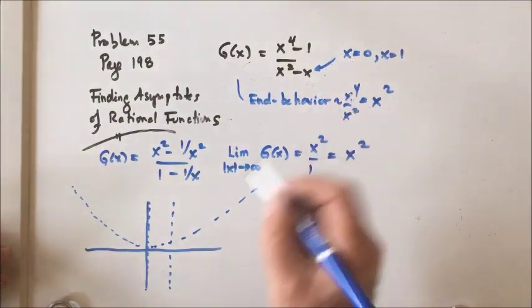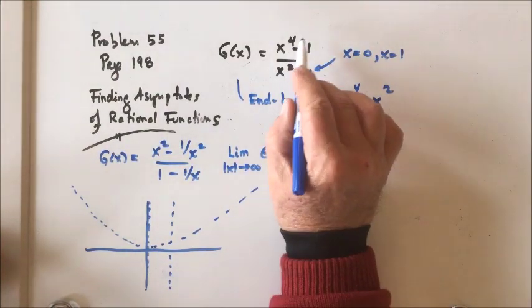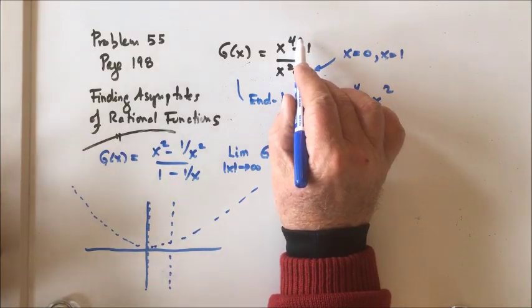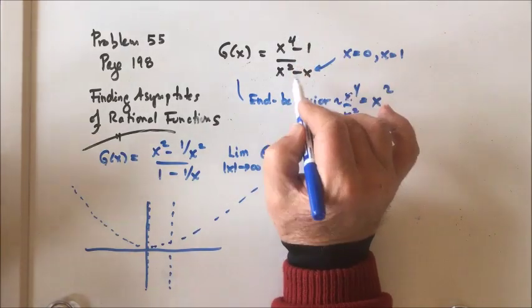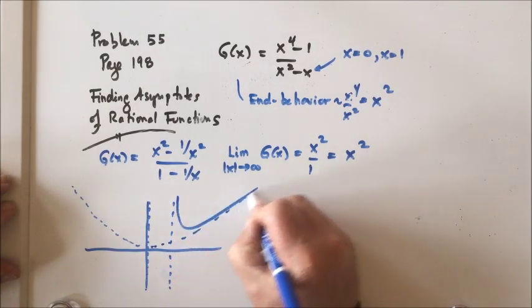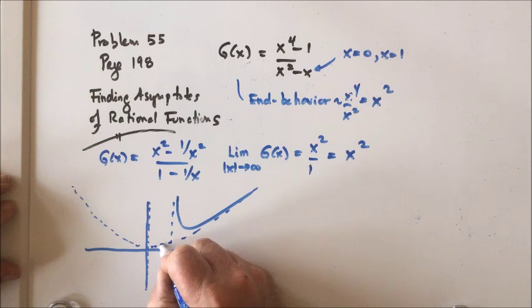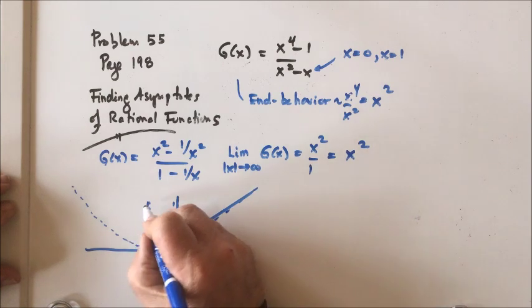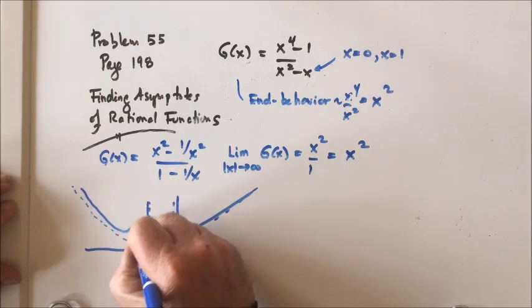We can note that if x is equal to 2, this is 2, 4, 8, 16, 16 minus 1. It's positive, so this function is going to do something like this. It's going to come up below here, and it's going to show up here and head back up.